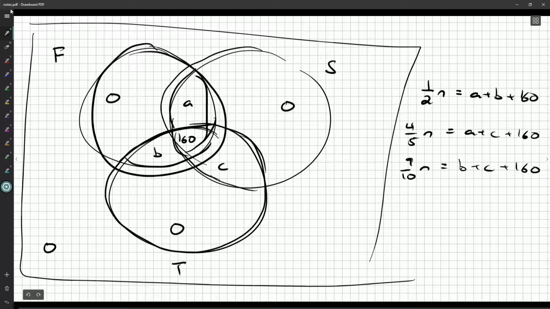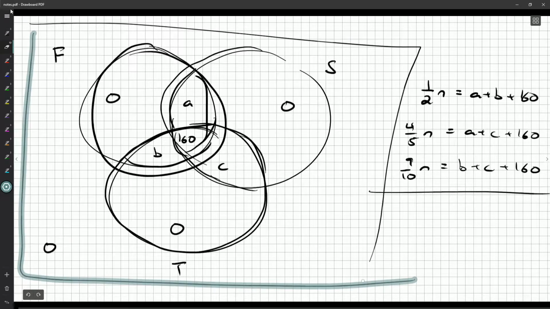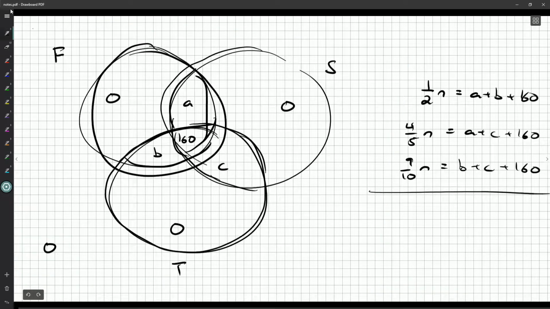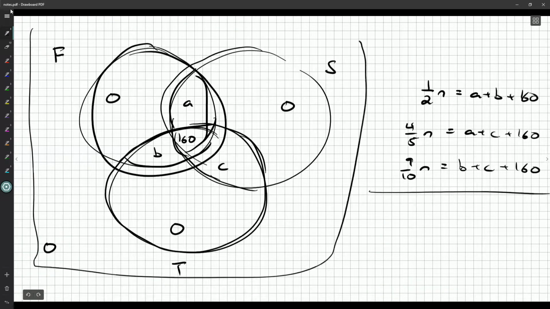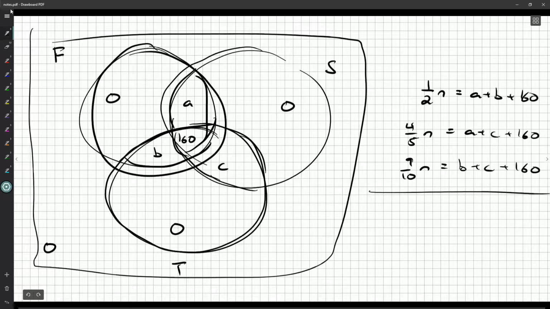Okay. So what can we do from here? Well, a great way to approach something like this is to add it all up. Okay. We get 2 A's. Sorry, I'll make the universal box a little bit smaller. So on this side, we get a half plus 4/5.